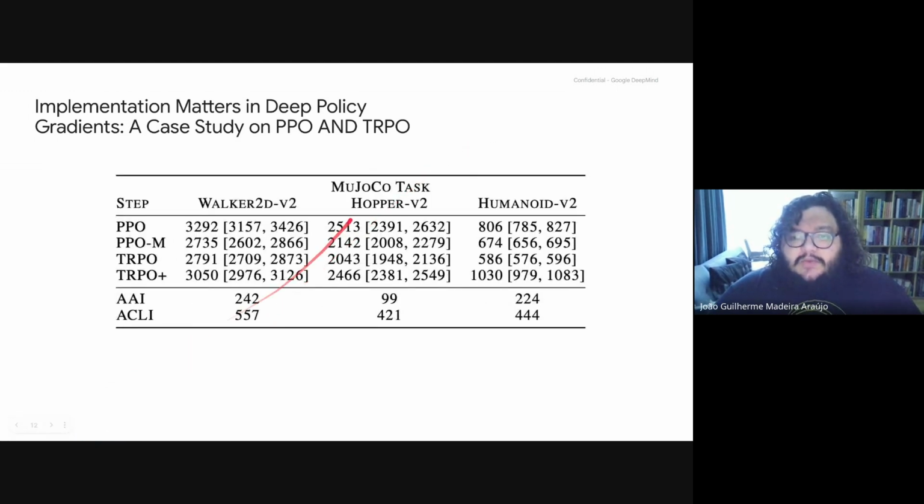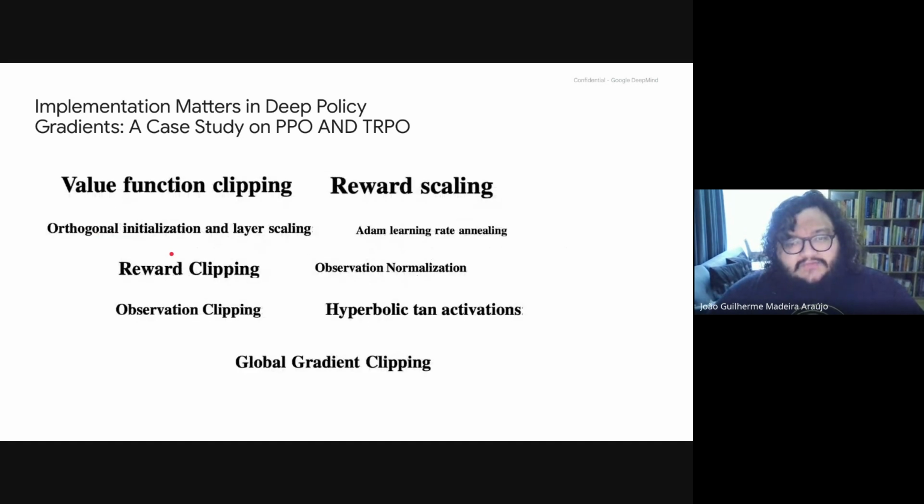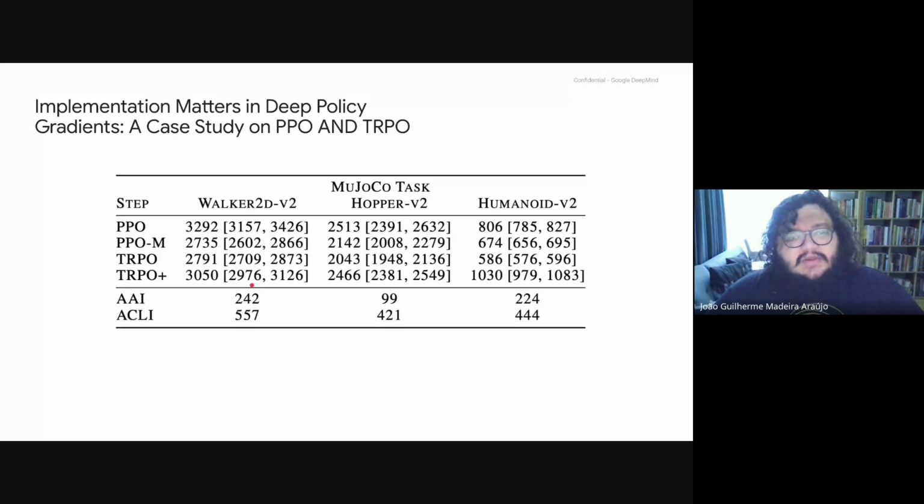And so they compare it. They have PPO, they have PPO-M, which maybe should have been just PPO minus, but anyway, which is PPO without all of these improvements. They have TRPO and they have TRPO plus, which is TRPO plus those improvements. Then they define basically the algorithm improvement and the code improvements.